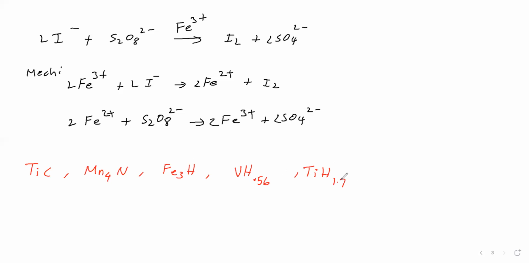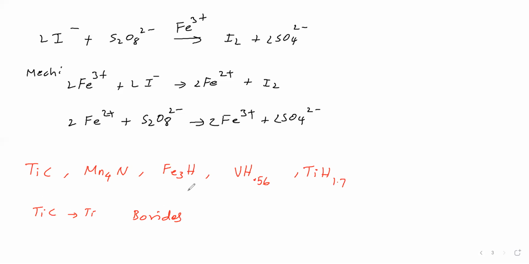Characteristics of interstitial compounds: they have high melting points, higher than pure metals. Suppose the melting point of TiC is greater than that of titanium. Next, interstitial compounds are very hard. If you take the borides, the hardness is like a diamond.